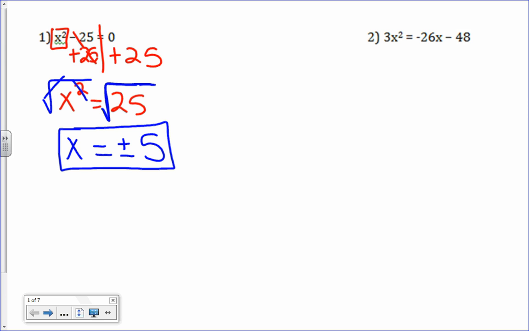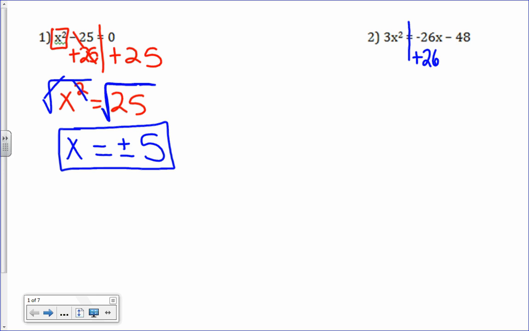Looking at number 2. On number 2, you need to set your equation equal to 0 first. So draw a line through the equal sign. In order to set it equal to 0, I'm going to move negative 26x and negative 48. To move those, I just use the opposite sign.